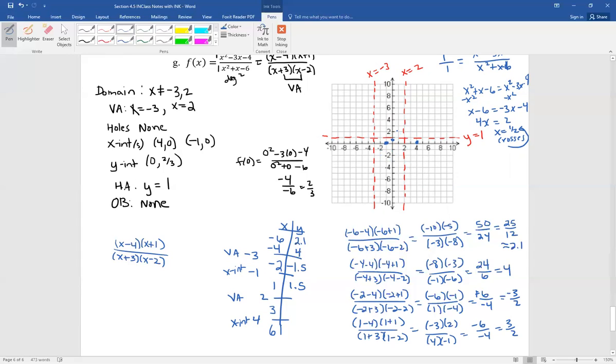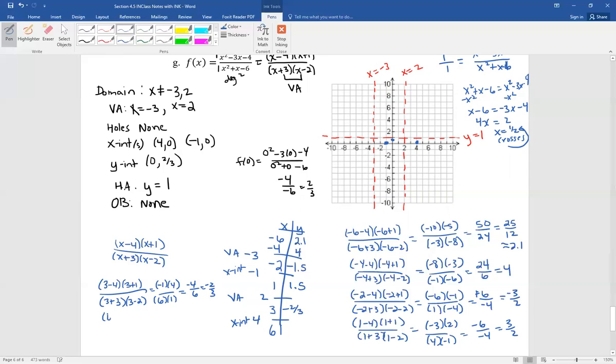So when we draw this, I'll try to make sure I cross through at 1/2. And then for 3, we have 3 minus 4, 3 plus 1, 3 plus 3, 3 minus 2. So that is negative 1 times 4 over 6 times 1. That's going to be negative 4/6 or negative 2/3. Not quite negative 1.